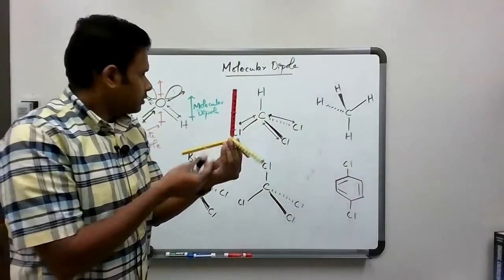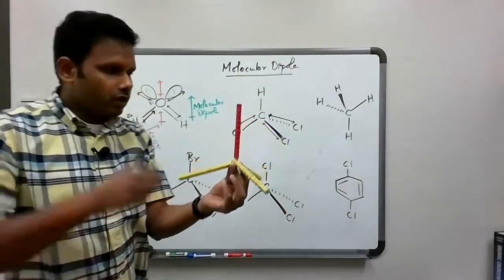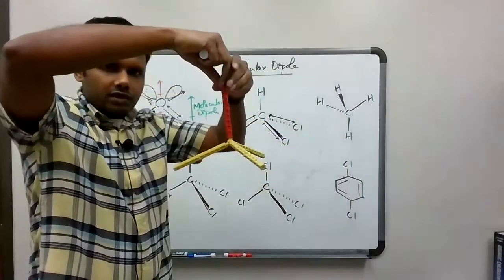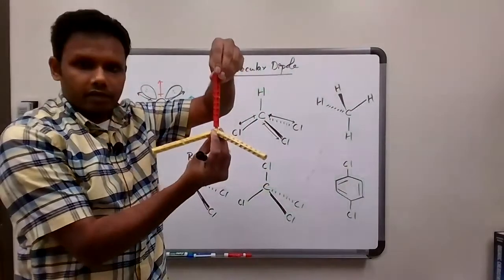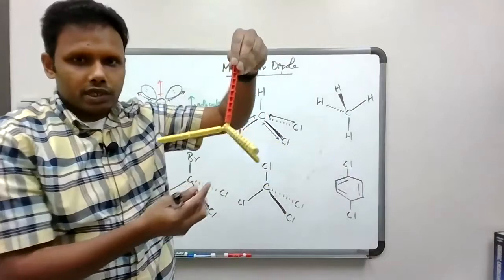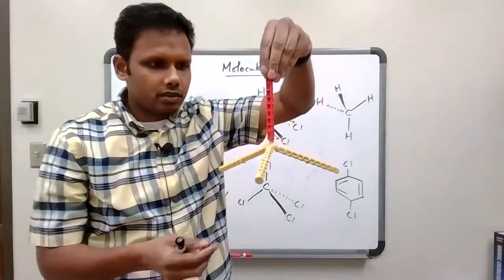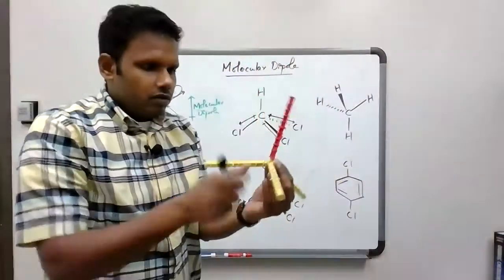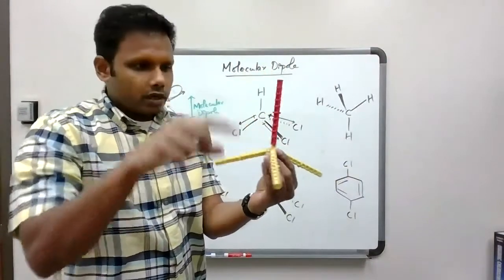visualize this. Okay, so for that chloroform molecule, you can assume that this is the hydrogen atom, the carbon atom is here, and these three are the chlorine atoms. Okay, so that's the tetrahedral. So now this carbon-hydrogen bond has no dipole.